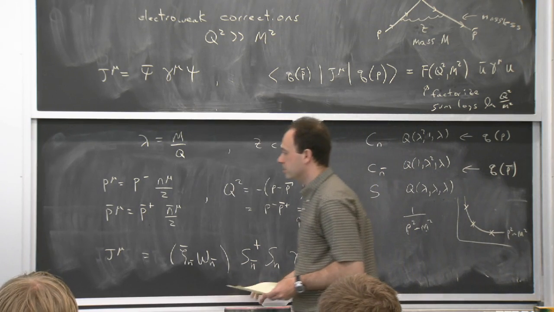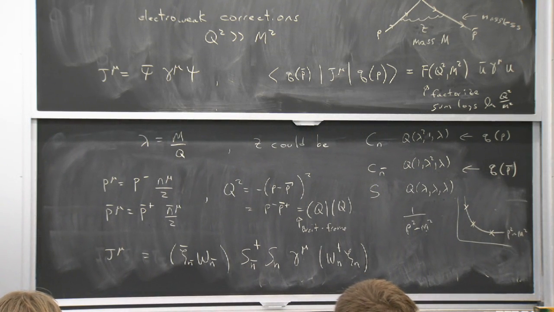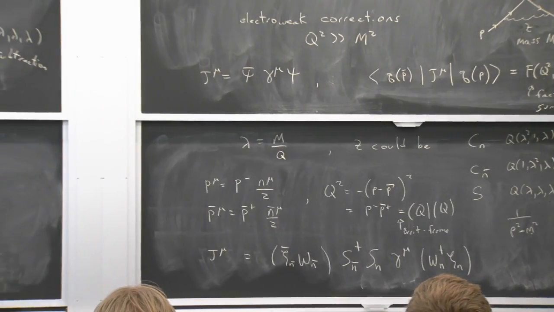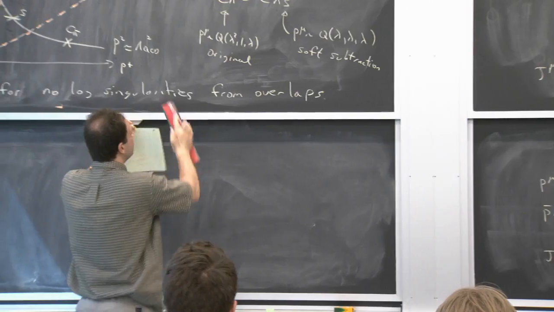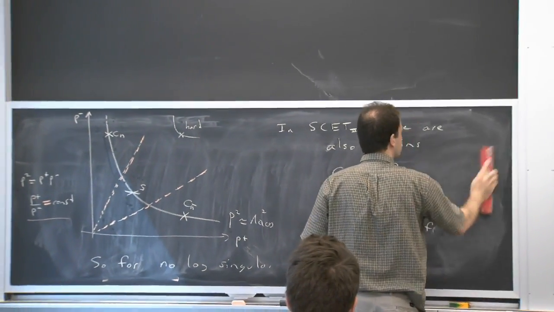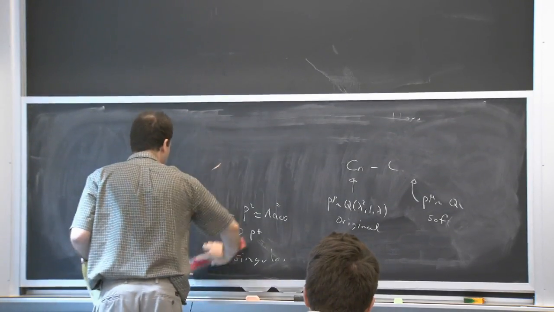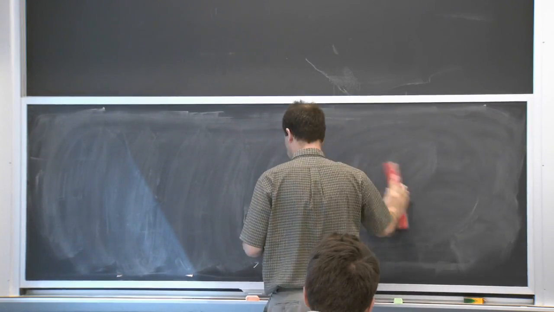And I'm not going to worry too much about the Dirac structure. So I won't worry, for example, about gamma 5s. We could put that in, it's easy. So that's the leading order current, and then we'd have leading order Lagrangians, and we just start calculating.